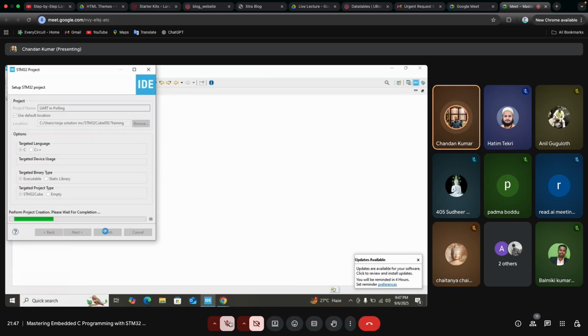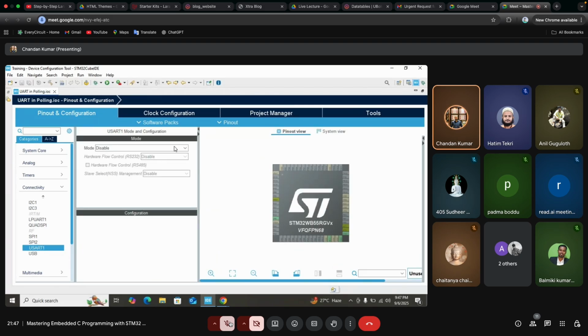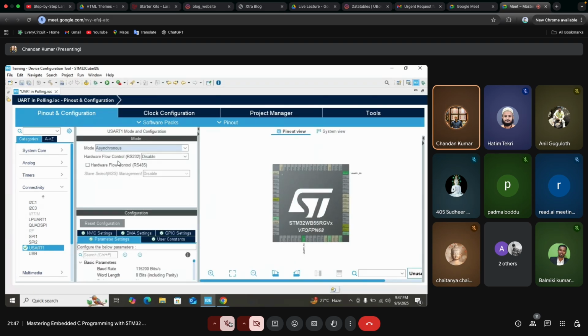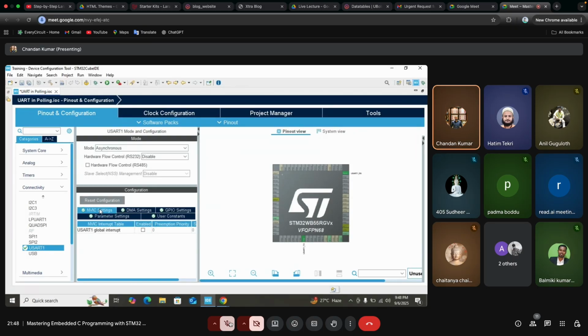Do you remember on which pin our UART RX and TX were located? PB5 and PB6, I think. Okay. It's correct. Now I'll just go in connectivity. UART 1. Use it in asynchronous mode. And I want UART to be used in polling method. So I will keep all the parameter settings as they are and will not enable this interrupt. Fine. Just here change the pins, PB5 and PB6.